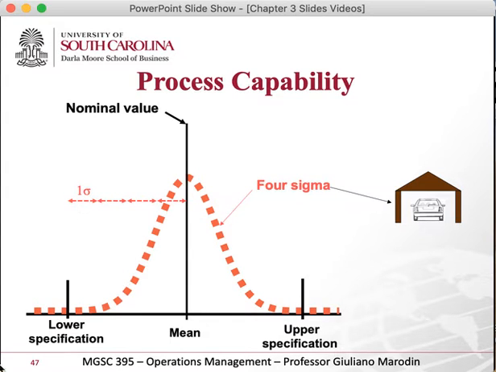That means I'm generating a very, very low number of defects from this side, and it's very easy to park my car, which has only 3 sigma, right? So my car actually finished here and here, and I have all this extra space, one standard deviation on each side, to park my car.